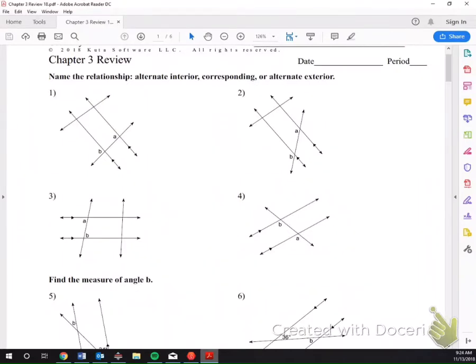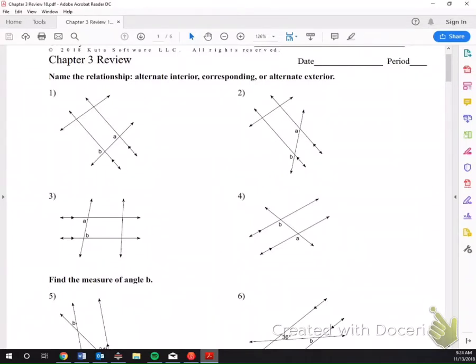So let's go. On any of the first half of this test, before we get to the triangles, you really should have that diagram that I put up on the board when we started the review. It's got the angles marked 1 through 8, and then it goes through all the different variations of it.